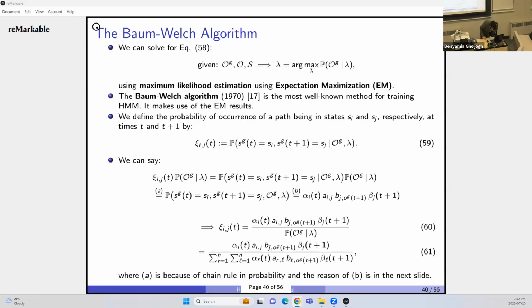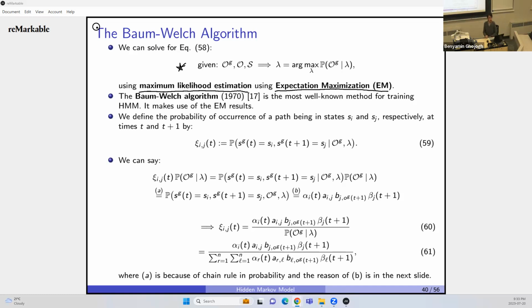Okay, we can solve it. So this is equation 58 that we had. I'm repeating it here. We can solve it using maximum likelihood estimation. Of course, we want to maximize this likelihood, using expectation maximization. I did expectation maximization and found some formulas for that. Now we are going to use those formulas here.